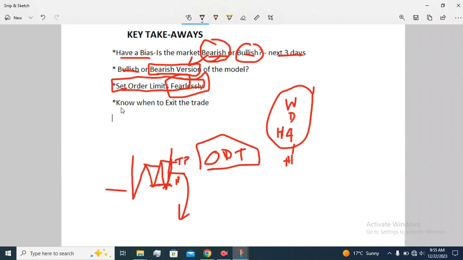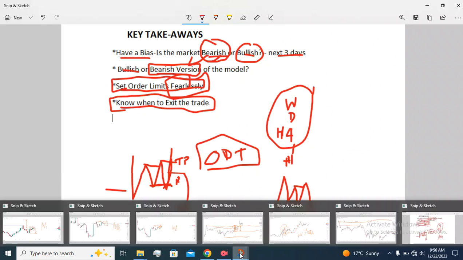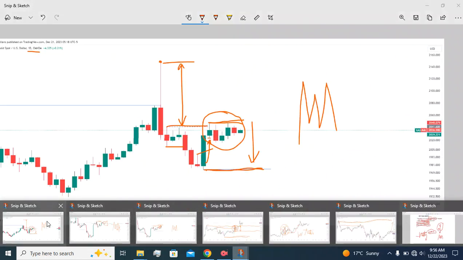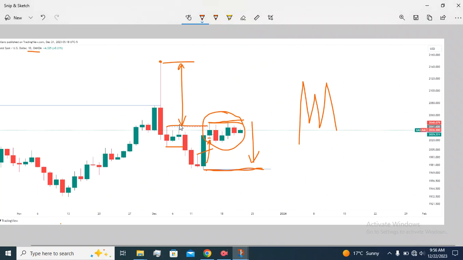That's where the last point comes in. Know when to exit. Just how I have illustrated on the gold trade. For the whole of this week, the bias has been bearish for gold, right? So we've been looking for the bearish version of the standard trading model all along. Look at this. This is where I began.